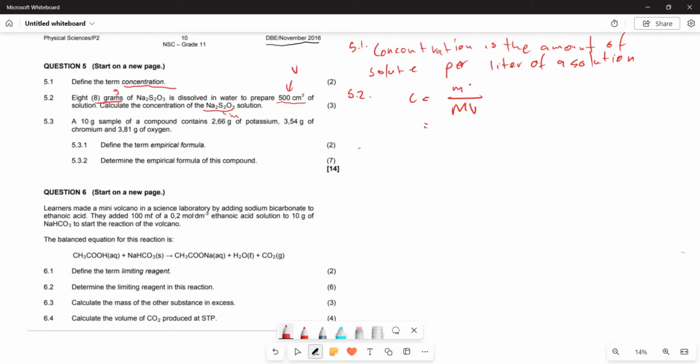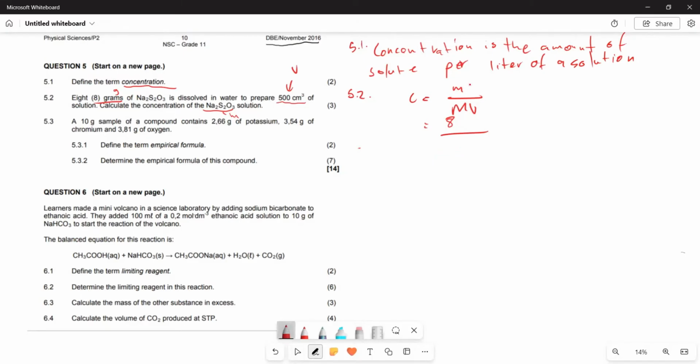So we are going to say the concentration. What is the mass here? The mass, you are given that this is 8 grams. And what is going to be your molar mass? Your molar mass here is going to be your sodium, 23 multiplied by 2, plus your sulfur. Let's try and calculate this on the side and get our final answer.